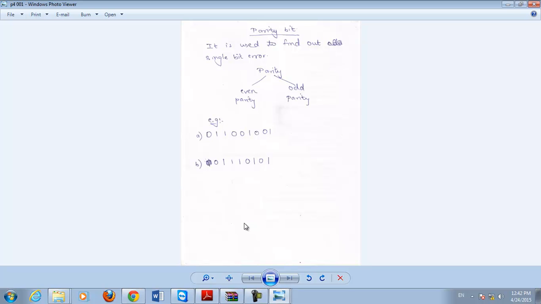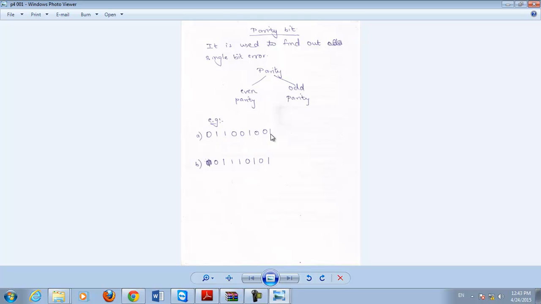But if the receiver receives other data, for example 011101001, that is, instead of 0 you receive 1, or instead of 1 you receive 0, meaning there is an error in a single bit, then it can be detected by the parity bit.